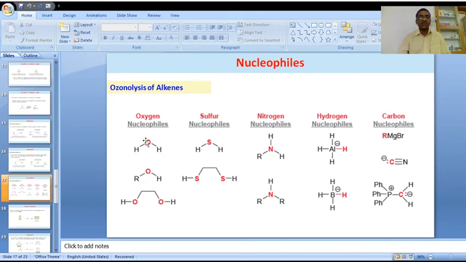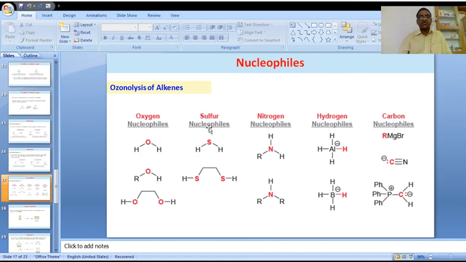Alcohol is also an oxygen-containing nucleophile. Next, H2O2, hydrogen peroxide, is also an oxygen-containing nucleophile. These three are oxygen-containing nucleophiles.